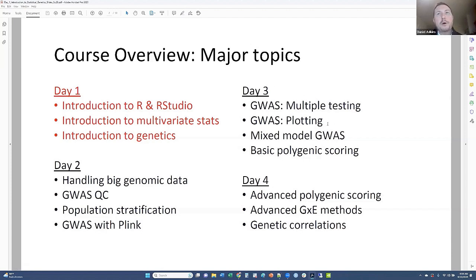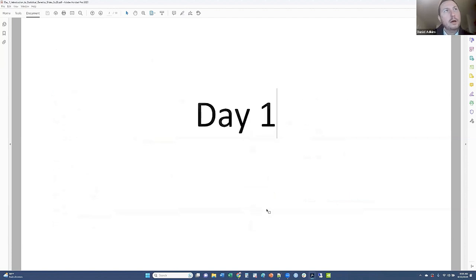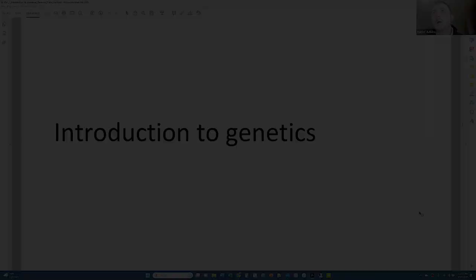We're going to do GWAS post-processing, advanced GWAS methods, and introduce polygenic scoring. And then on day 4, we're going to blast off into the future by looking at the very cutting edge of polygenic scoring, genome by environment interaction, and genomic SEM. So that's the course in a nutshell.